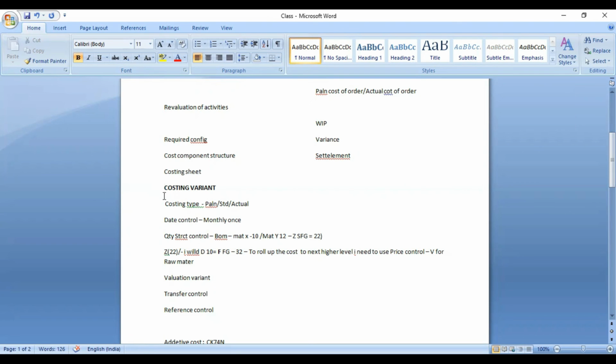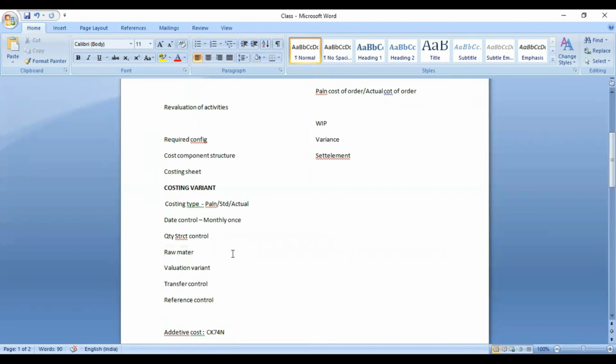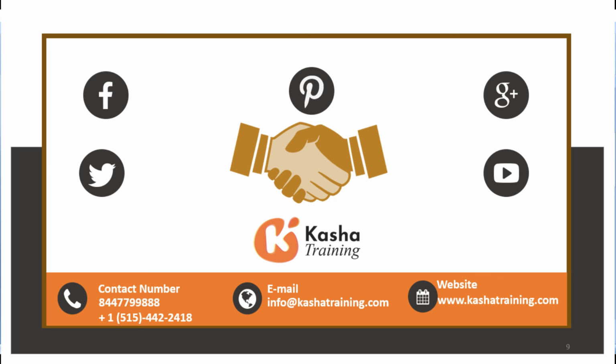Based on the different controls under the costing variant, it will give our expected output.